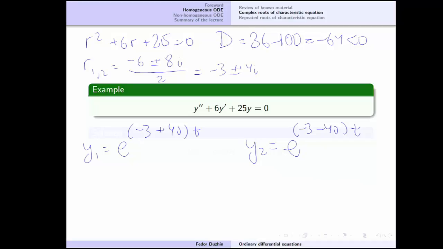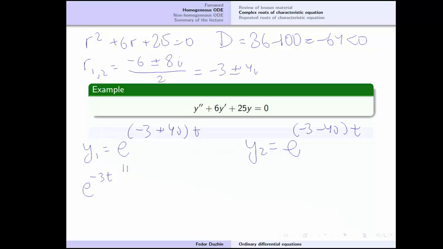And in order to do it, we need to use Euler's formula, right? According to Euler's formula, the real part of the exponent can be taken out. So here I'm going to have e to the minus 3t. That's the real part of the exponent.